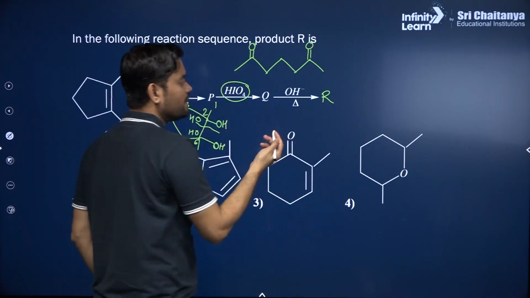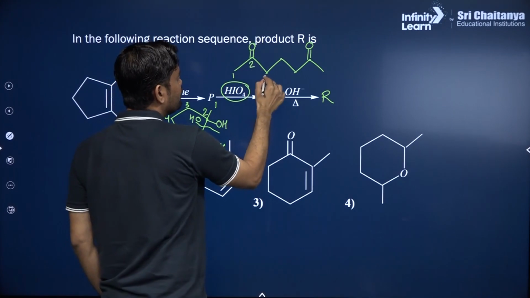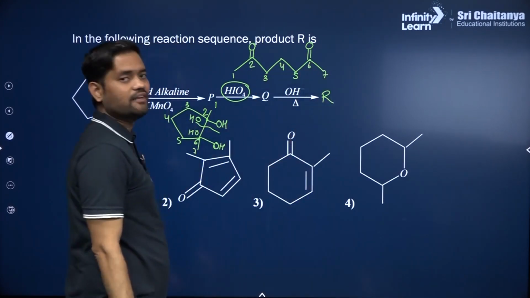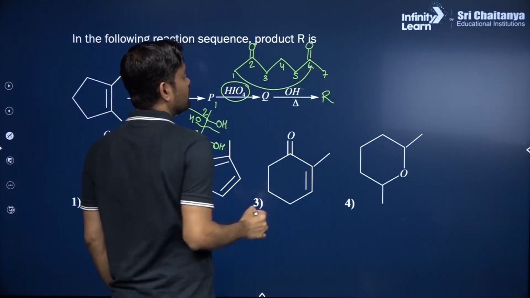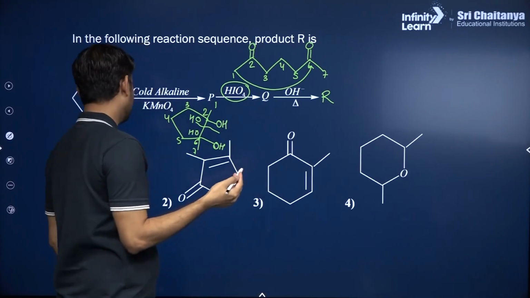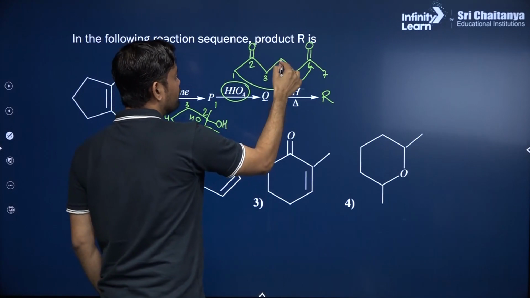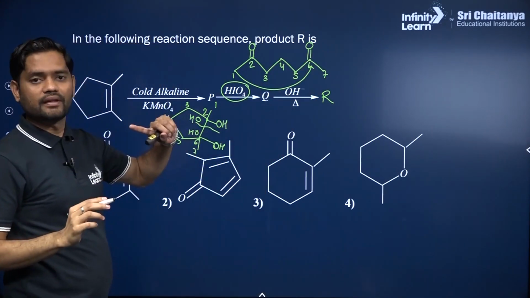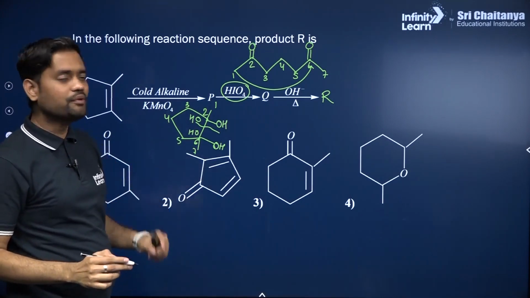And if you do aldol condensation, what will happen? The alpha hydrogen, so 1 2 3 4 5 6 7, the alpha hydrogen will attack. The number of carbon atoms in the ring will be 1 2 3 4 5 6, and then it is heated as well, right? That means it will give you an alpha beta unsaturated carbonyl compound.